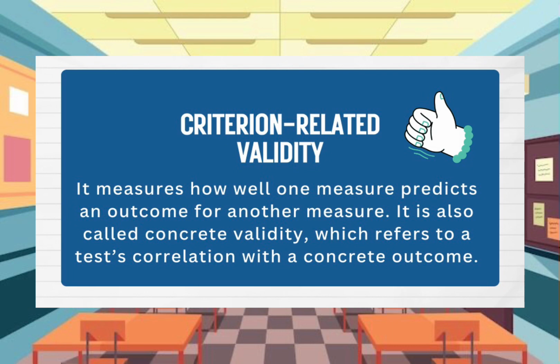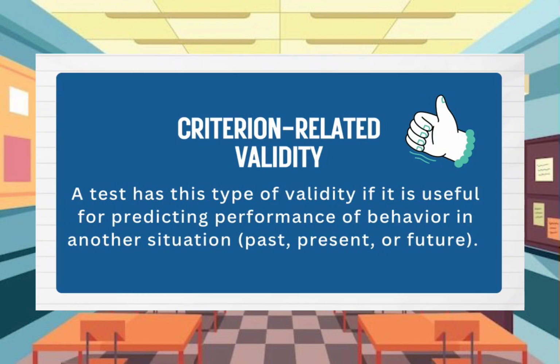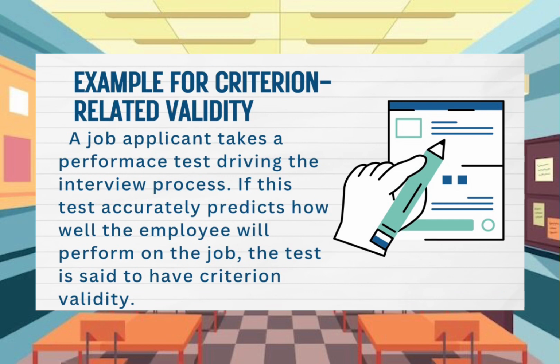It is also called concrete validity, which refers to correlations with a concrete outcome of behavior in other situations, like in the past, present, or near future. Example of criterion-related validity: a job applicant takes a performance test during the interview process. If this test accurately predicts how well the employee will perform on the job, the test is said to have criterion validity.